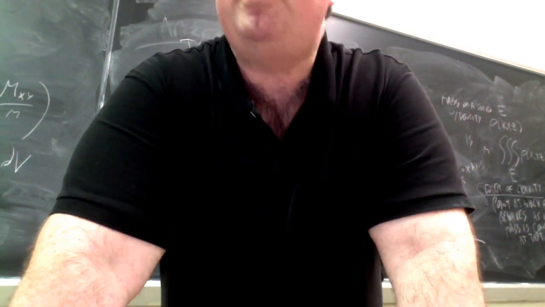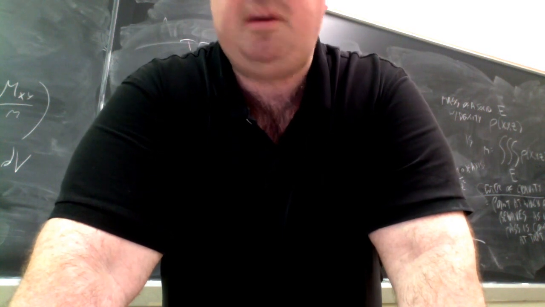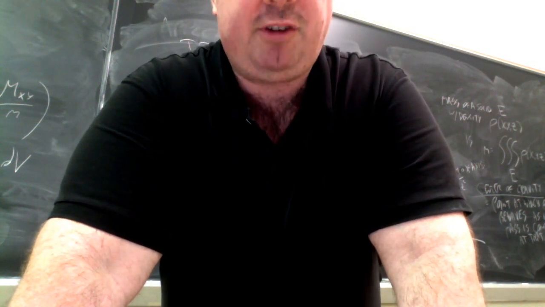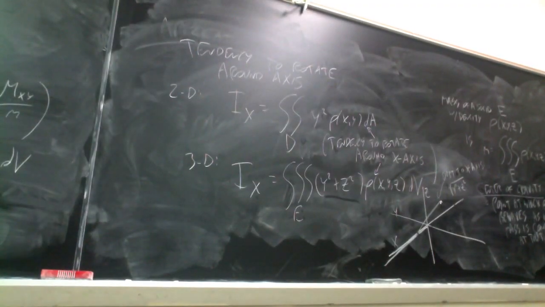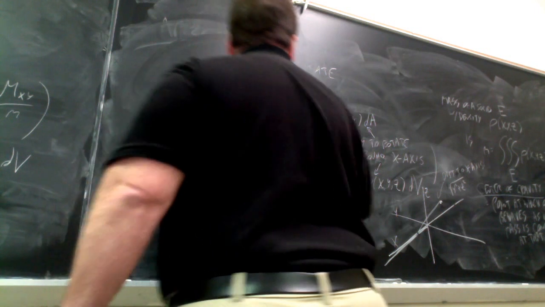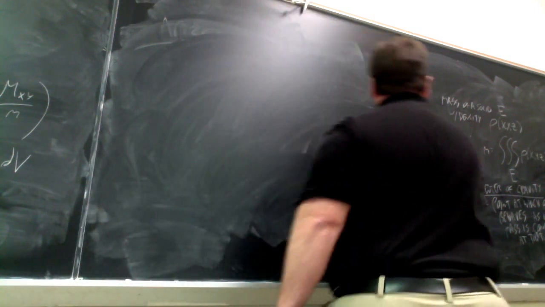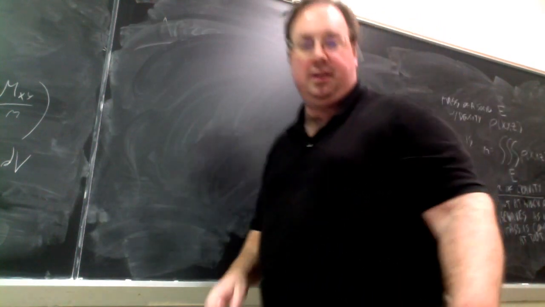So finding the average value over an annulus. Average value of 1 over r squared. Do you have the problem written down anywhere? Please let me know if this rings a bell when I write it down.